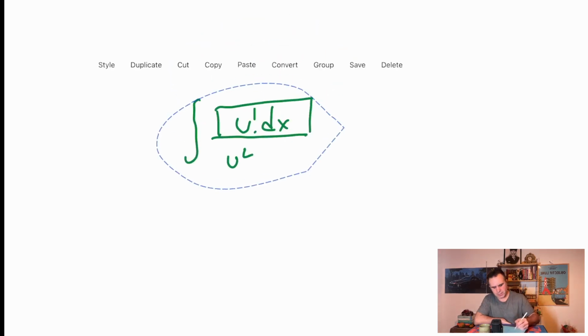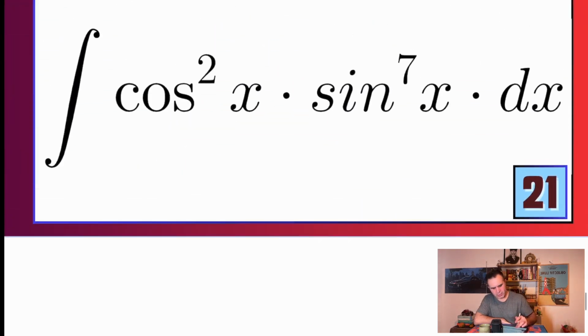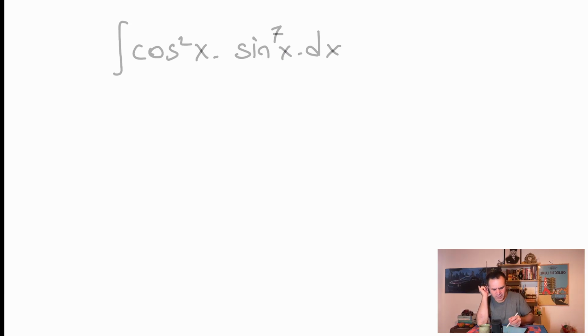Now, in this problem, we have cosine square of x times sine to the power of 7x dx. We here have a function of cosine x.